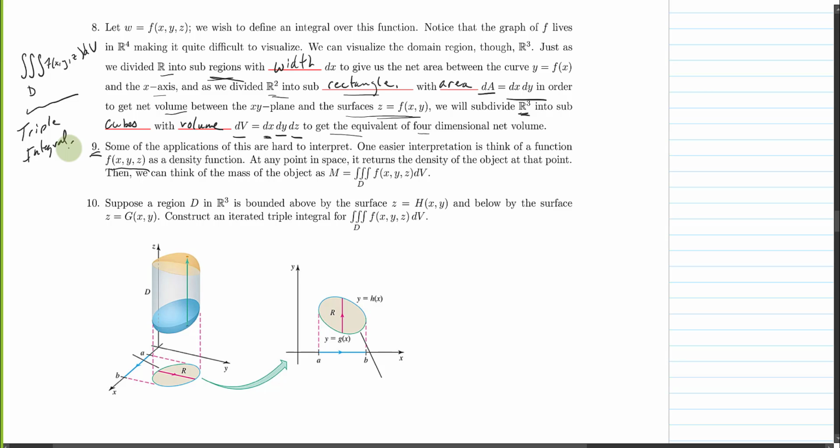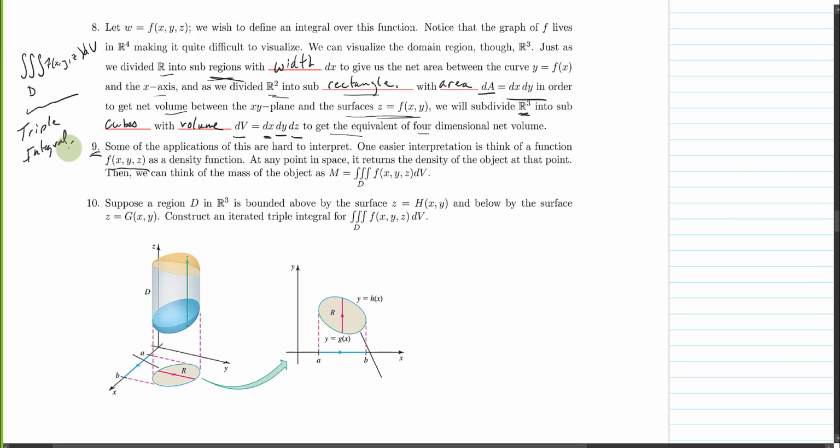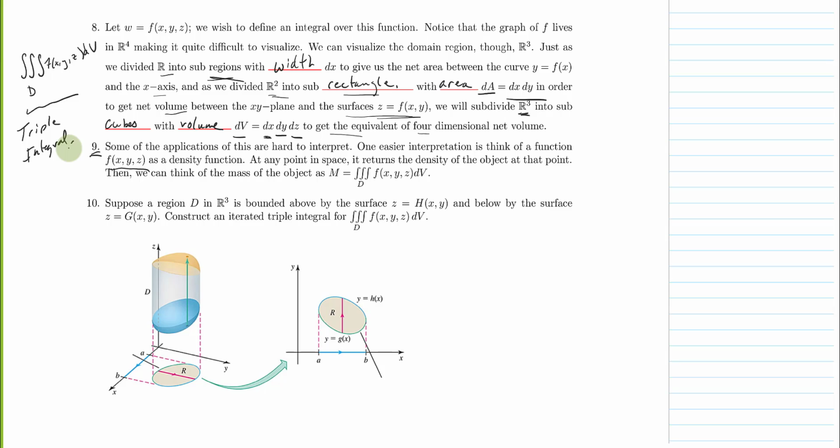Like I said, what you really do is you take a small cube in 3 space, and then pick a representative point inside that cube, plug it into your function, and you multiply the volume of the little cube times the output of that function for a 4-dimensional version of volume. We're not going to do that. Instead, we'll always just immediately translate them to some sort of iterated integrals.